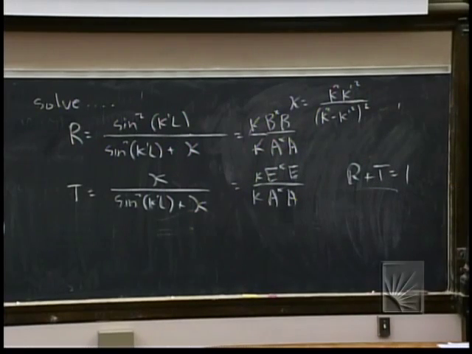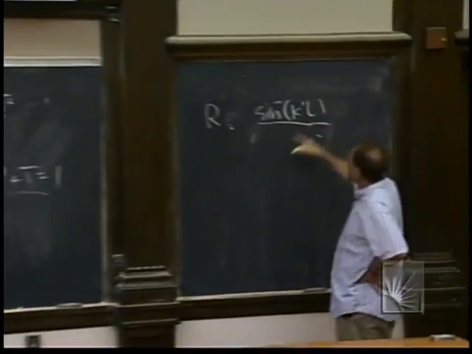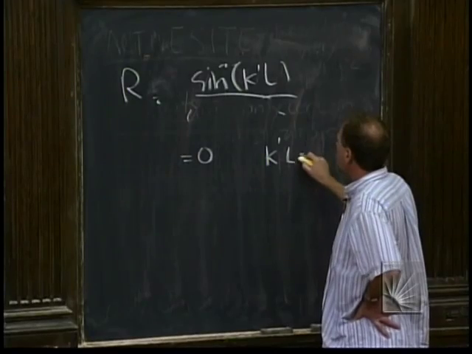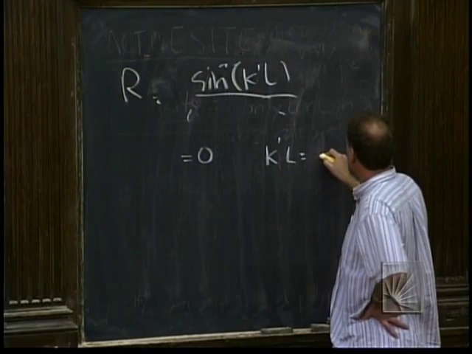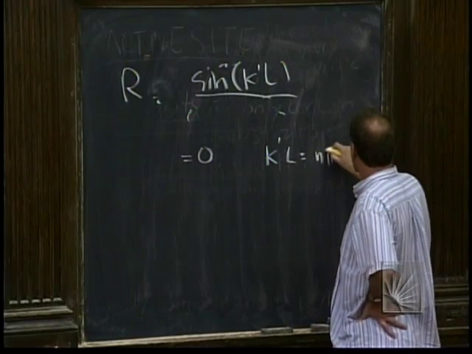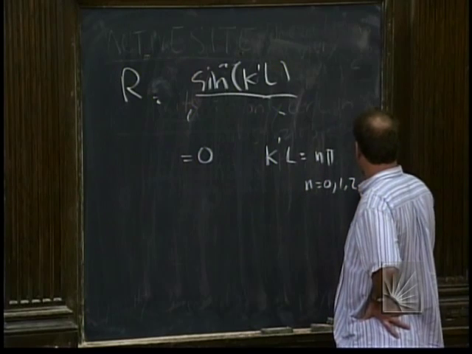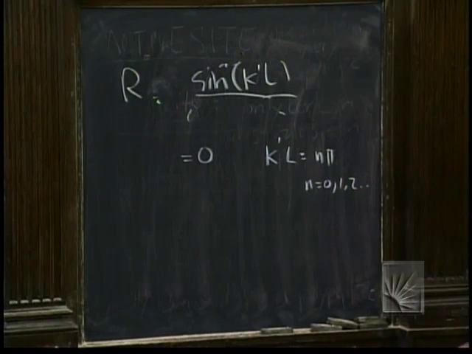So r is proportional to sine squared k prime L, and it has some stuff in the denominator, but the denominator kappa is positive always, so ignore that. Just look at the numerator. This is equal to 0 when k prime L equals n pi. And n is here 0, 1, 2, etc. Okay?